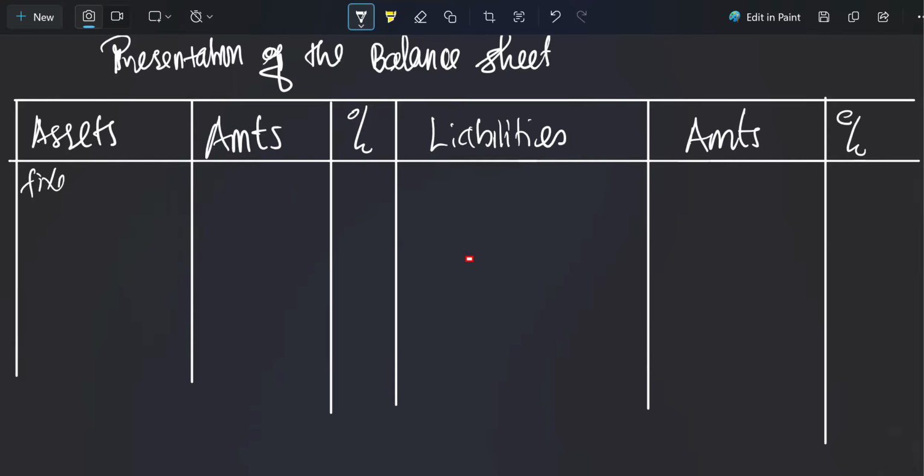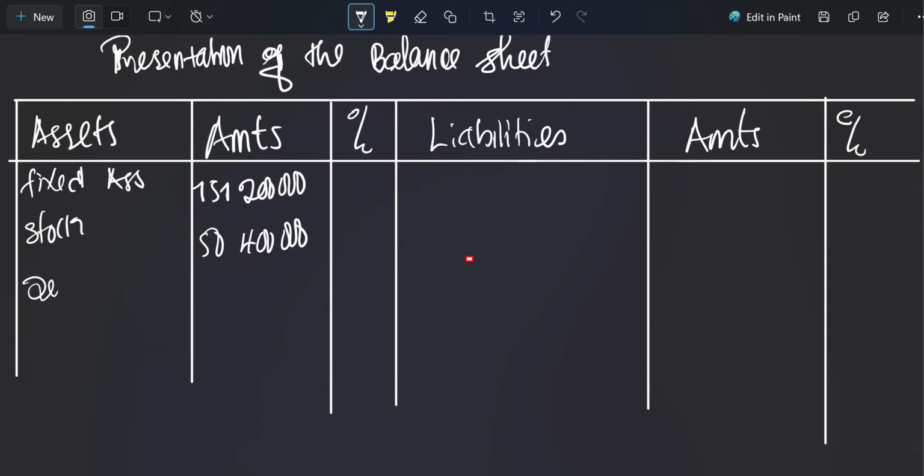Fixed assets. Fixed asset, we have 151,200,000. Okay. So the next one we're going to have stock. Stock is 50,400,000. We have debtors.